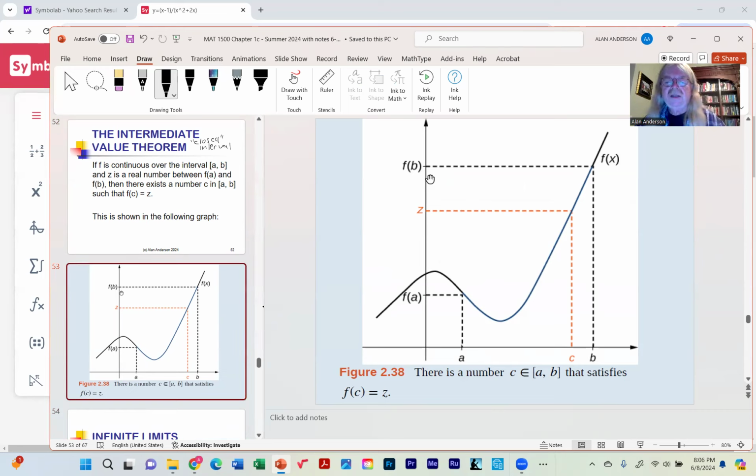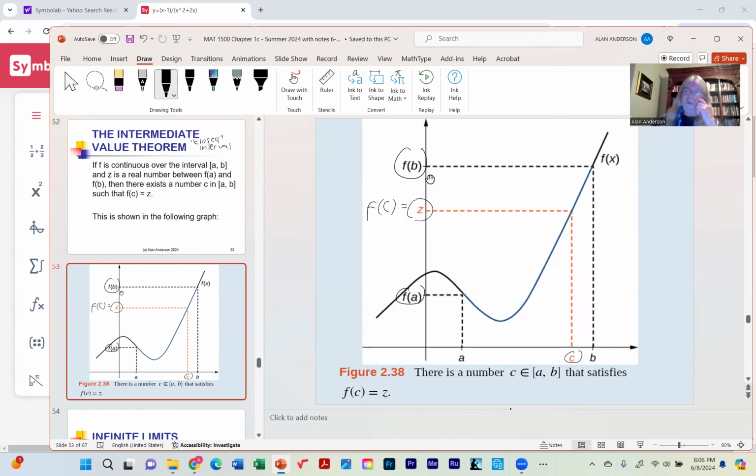Here's our f of A, and here's our f of B. So what they're basically saying to us is that there is some C in between these points. It doesn't matter where, somewhere in between the two is the C, where its value is also in between A and B. So in other words, there exists a number somewhere between A and B where f of that number is in between f of A and f of B.